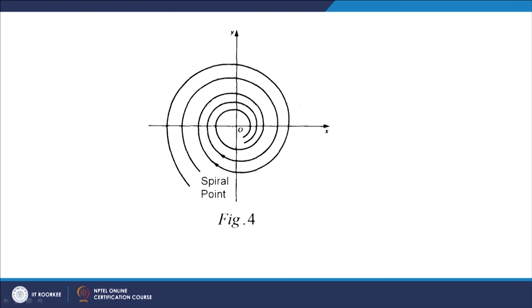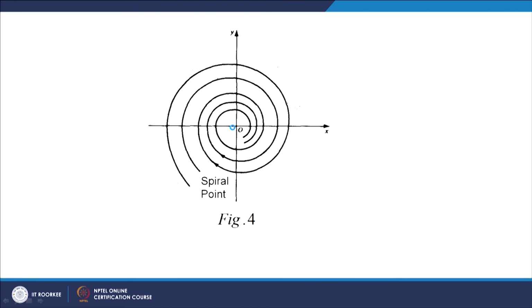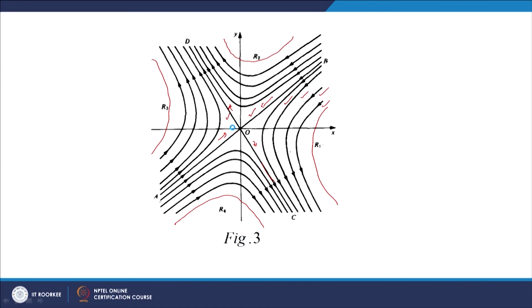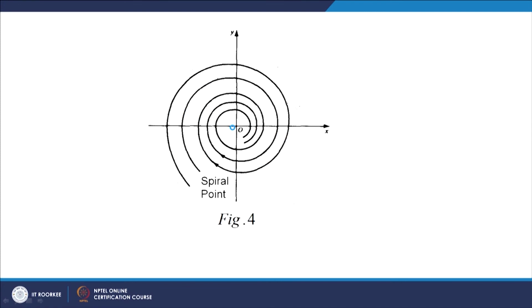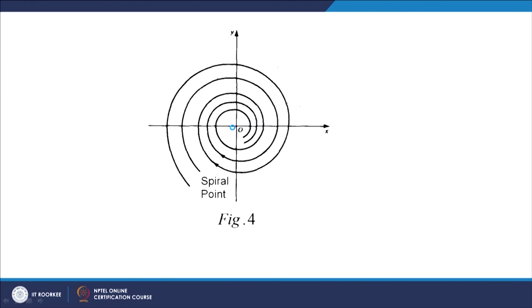Every path P, you can take any path P, is defined for all t greater than t naught or some t less than t naught, and it is approaching 0 0 as t goes to plus infinity or minus infinity, in a spiral like manner.